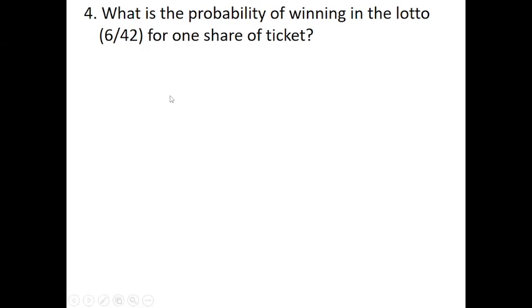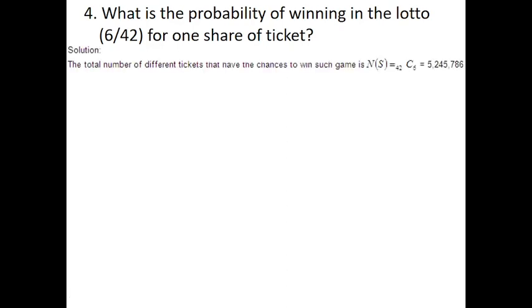So sa case na to, the total number of different tickets that have the chances to win such game is this. Diba? Diba sa Lotto, we have, let's say, halimbawa, 1, 2, 3, 4, 5, 6.